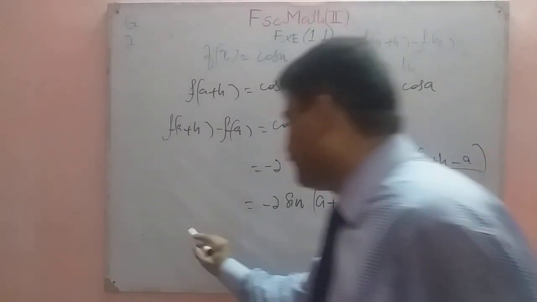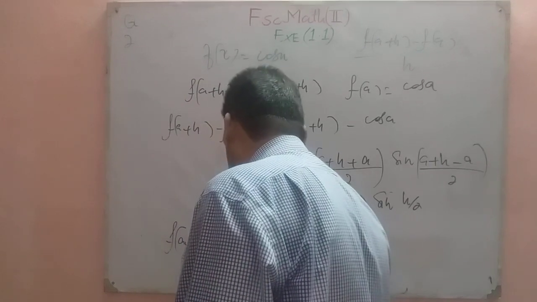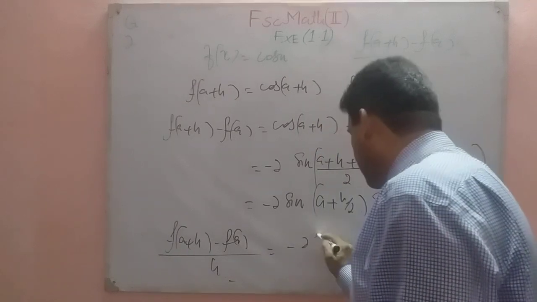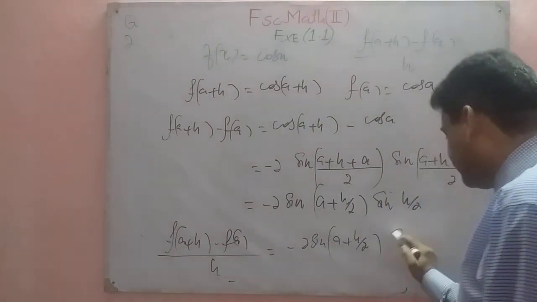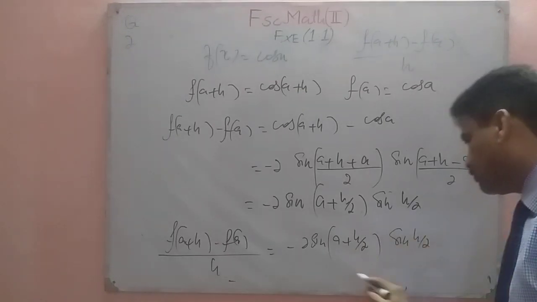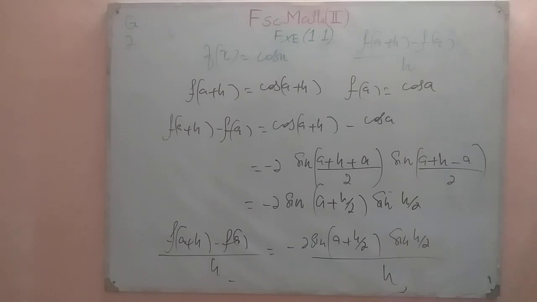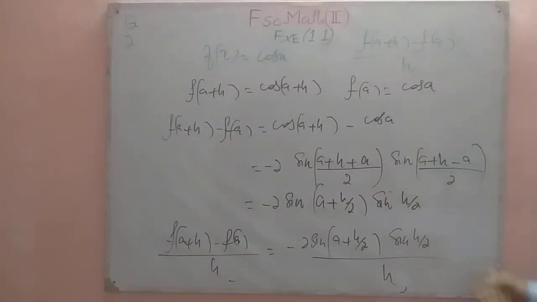We will get f of a plus h minus f of a by h will be equal to minus 2 sine of a plus h by 2 and sine of h by 2 divided by h. It is the required answer. Thank you.